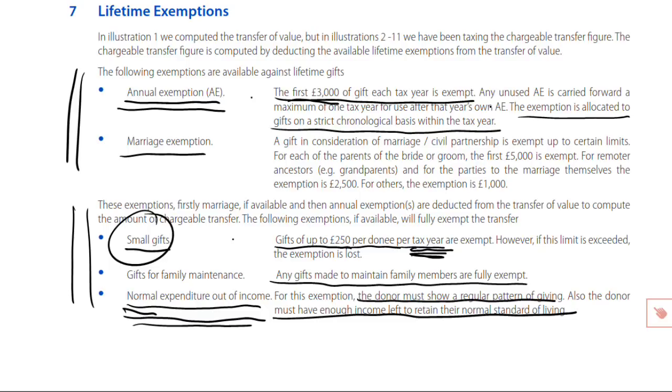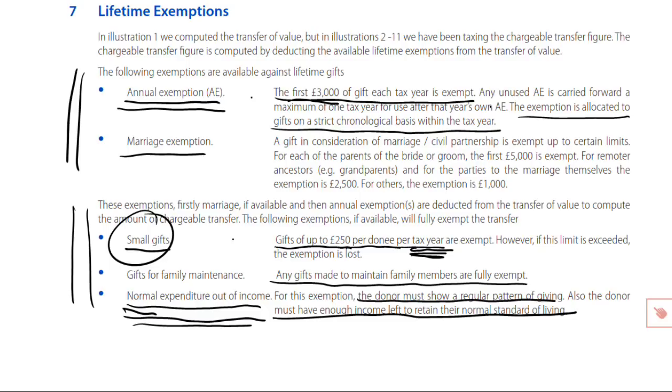Now, normally we've had the view, like with AEA, like with personal allowance, a very basic rule of thumb, that is, use it or lose it. If you don't have any income in a tax year, or if you don't have £11,500 worth of income in the tax year, any unused personal allowance would be wasted. As too with the AEA, if you don't have any gains, or you have gains less than the AEA of the year, you don't carry forward any unused AEA.